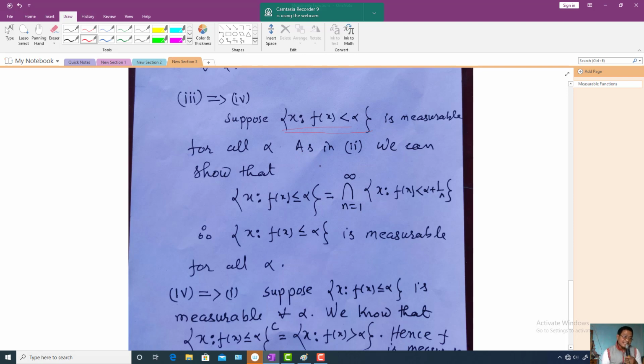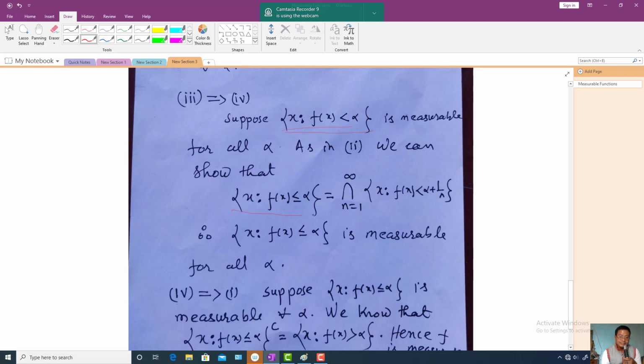So now, as we did in the proof of the first implication, you can easily establish this equality. X such that f of x is less than or equal to alpha is exactly equal to the intersection, n going from 1 to infinity, of x such that f of x is strictly less than alpha plus 1 upon n.